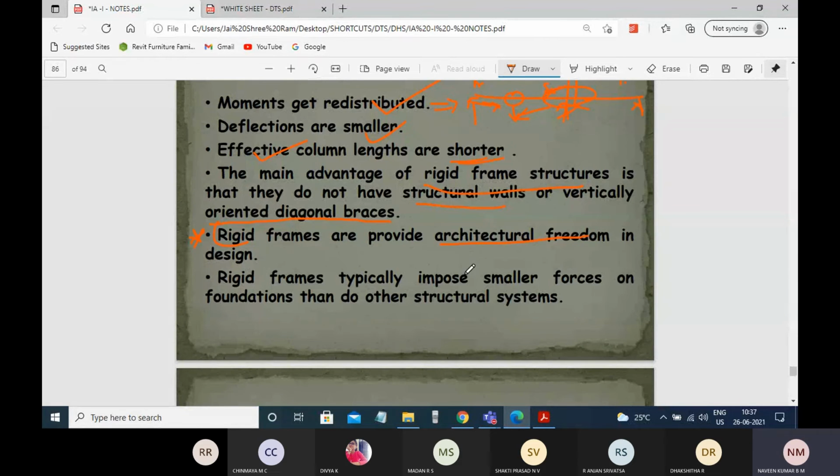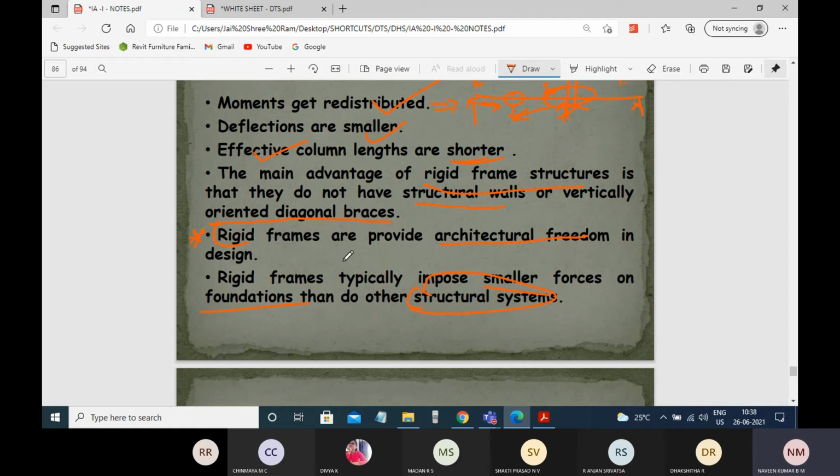So rigid frames typically impose smaller forces. Because of rigid connections, you can see the transfer of moments and forces. Okay, it will be equally distributed on all the structural members, where you can see smaller forces on the foundation than the other structural system, right?